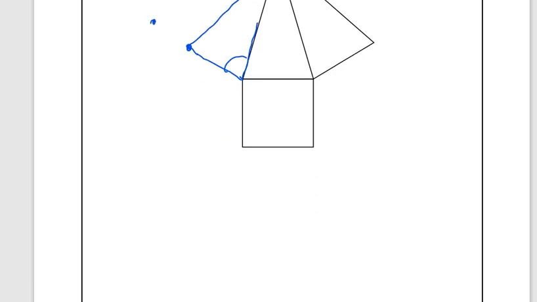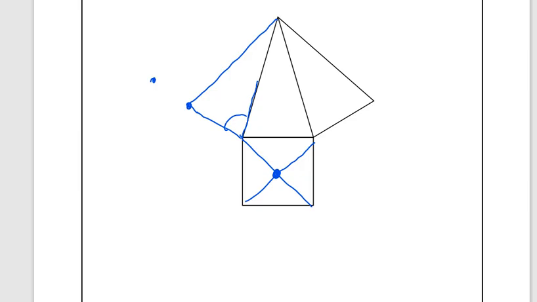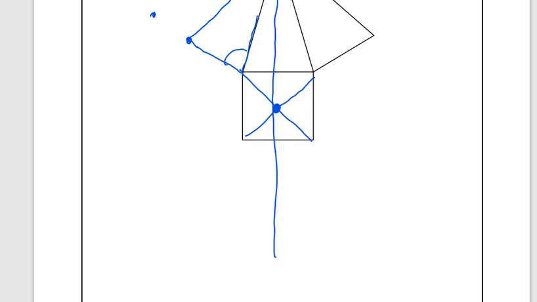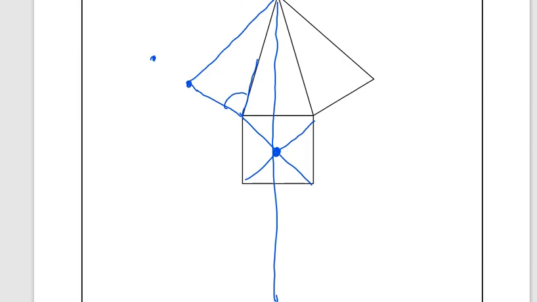So if you find the center of the square, you can just use the diagonals to find the center of the square. And if you draw a line straight down with your ruler, just down kind of indefinitely, and then we use our compass.